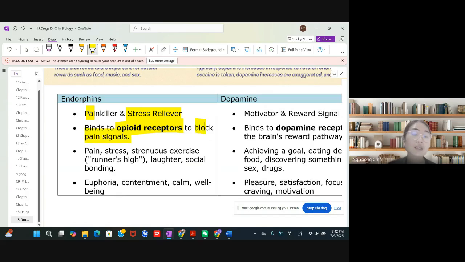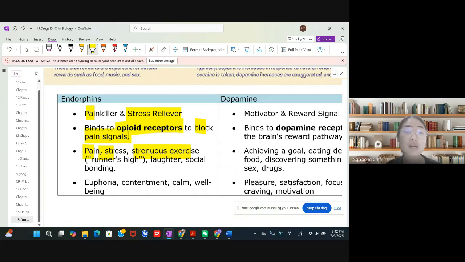That's why endorphin is being used in surgery for analgesia, 止痛, because they can block the sensation of pain. So when you are in pain, under stress, or having strenuous exercise, your body will respond by releasing endorphin to help you feel better and recover from the stress and pain in a natural way.